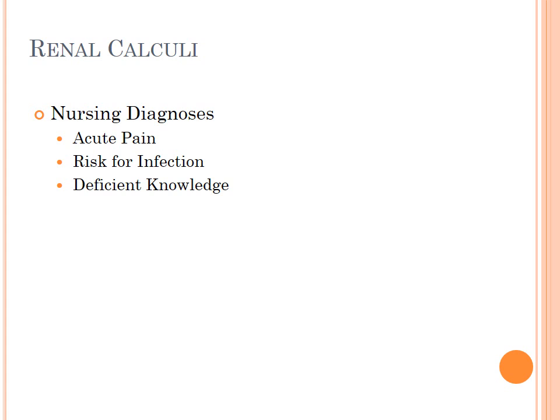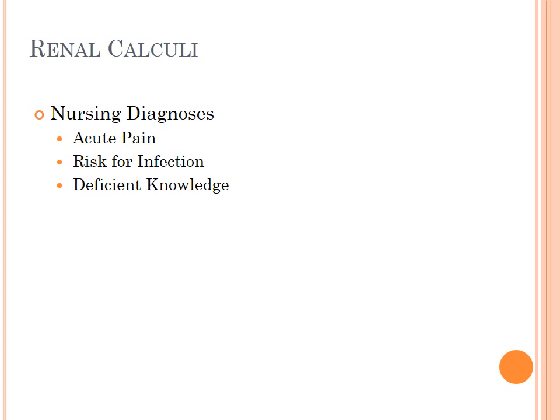So for risk for infection, watch for vital signs, change in status, increased fever, chills, and signs of a urinary tract infection, which would show in the urinalysis as cloudy urine, foul-smelling urine, or blood in the urine. So amount, odor, encourage intake as well to flush the bacteria.